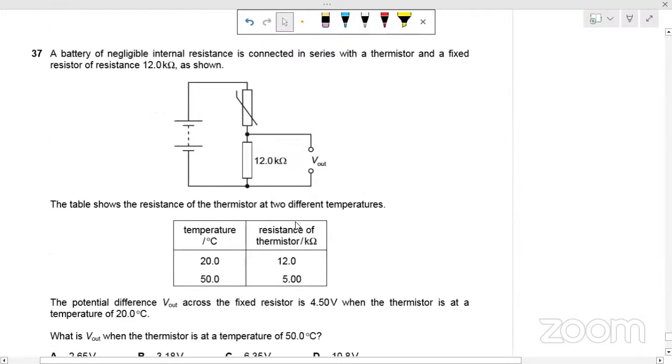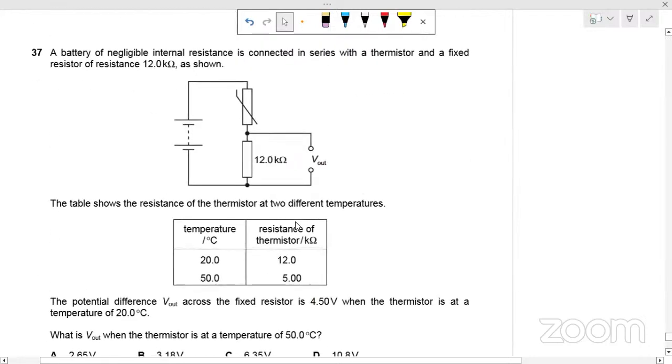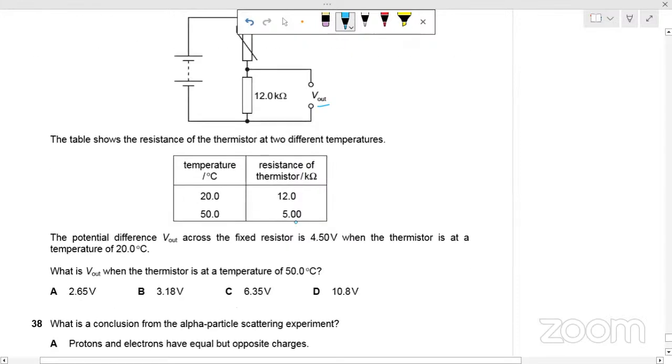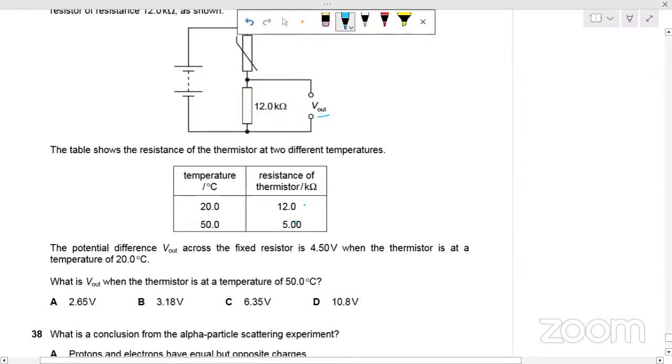37, the last question of this series. A battery of negligible internal resistance is connected in series. V out, this is a thermistor. At temperature 20 the resistance of the thermistor is given, and at 50 as well. The potential difference V out at 20 degrees centigrade is given, that is 4.5.